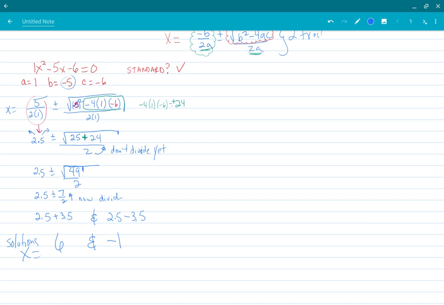Now, I actually would not have done the quadratic formula for this one. I would have done this first. What times what is -6 and adds up to -5?